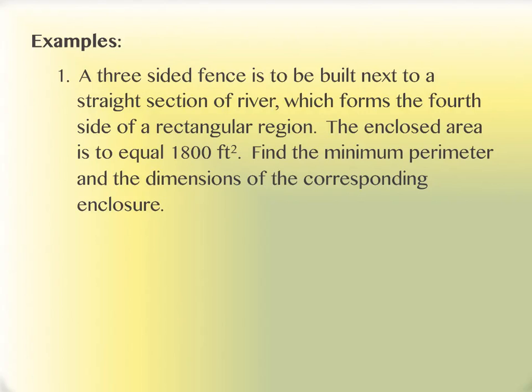So the first thing we're going to do is we're going to draw a sketch. So we've got this river over here. It's even blue. And then we're going to draw this rectangle, the other 3 sides anyway of this rectangle, next to it. Well, it's not perfect, but you have a visual idea of what we're doing here.